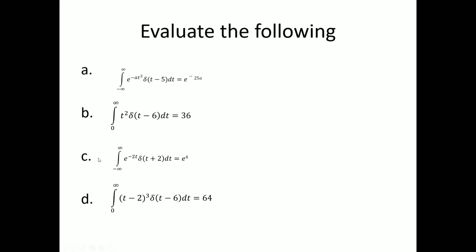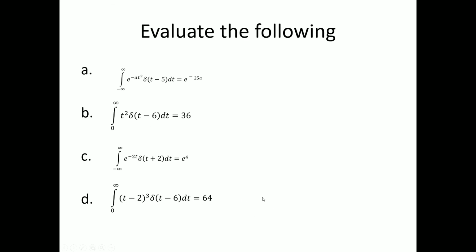Similarly, the integral from minus infinity to infinity of e power minus 2t into delta of t plus 2 dt is defined at t equal to minus 2, where delta of t plus 2 equals 1. Substituting t equal to minus 2, I get e power 4. Similarly, the integral from 0 to infinity of t minus 2 whole cubed into delta of t minus 6 dt is defined at t equal to 6. So 6 minus 2 is 4, and 4 cubed is 64.